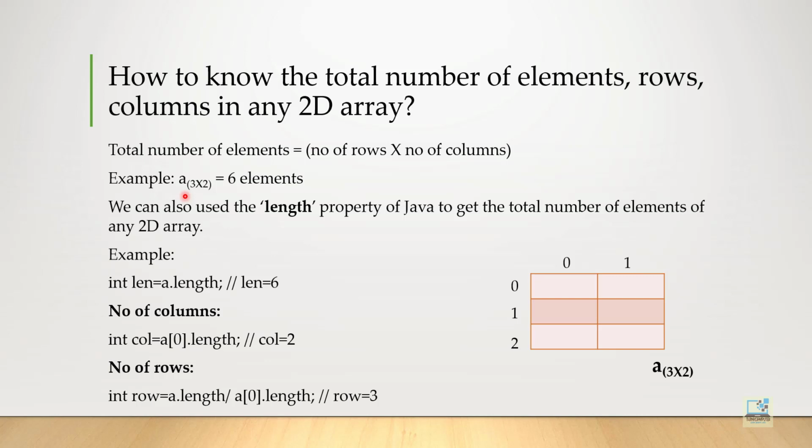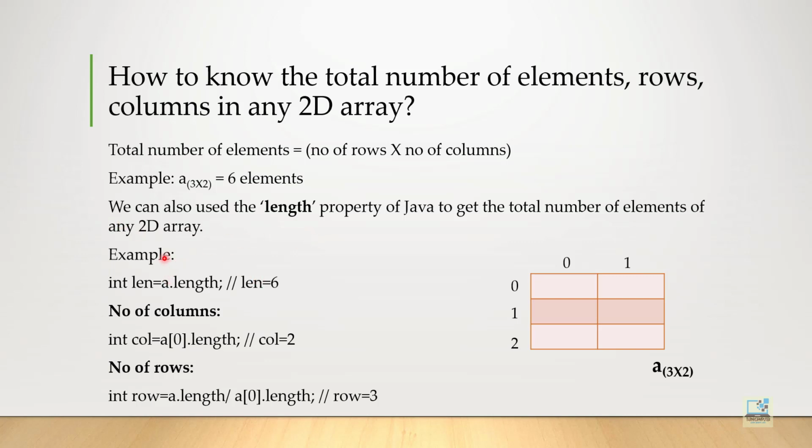But in programming, in order to do that, we have to use a property which is known as the length property. The length property can be used with any array, let it be a 1D array or 2D array or character array or integer array or double array or anything. Using the length property we can get the total number of elements.